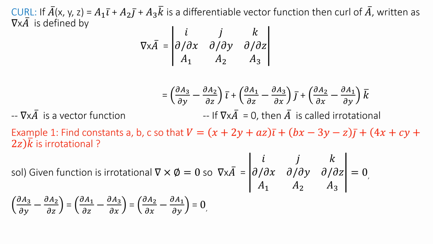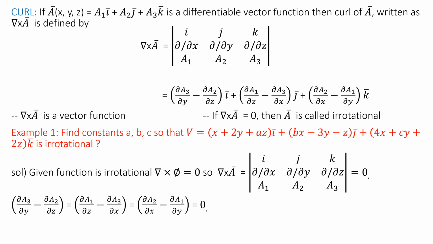So that will be i bar into (dou a3 by dou y minus dou a2 by dou z) plus j bar into (dou a1 by dou z minus dou a3 by dou x) plus k bar into (dou a2 by dou x minus dou a1 by dou y).